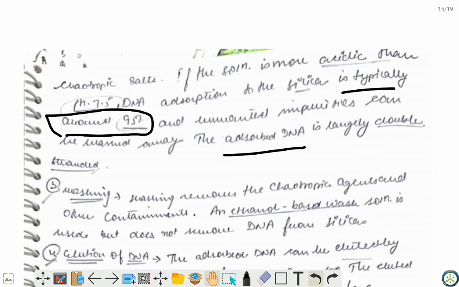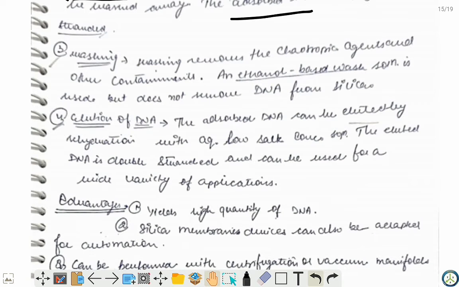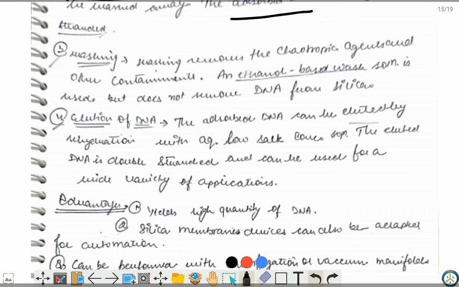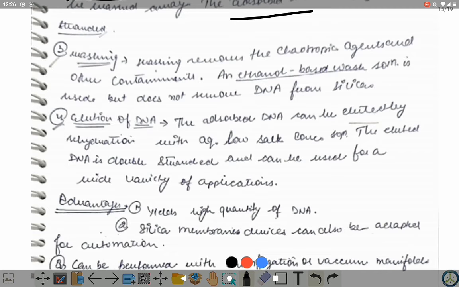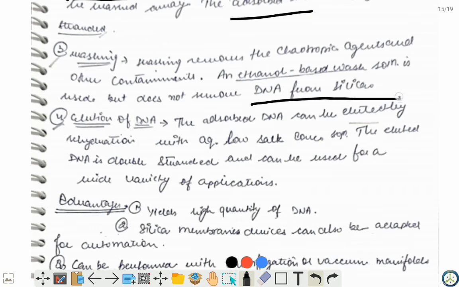Clear? After the adsorption we have to wash the DNA. Washing removes the chaotropic agent and other contaminants. An ethanol based wash solution is used, which does not remove DNA from the silica. To remove the DNA from the silica we have to elute it, so the fourth step is the elution of DNA.